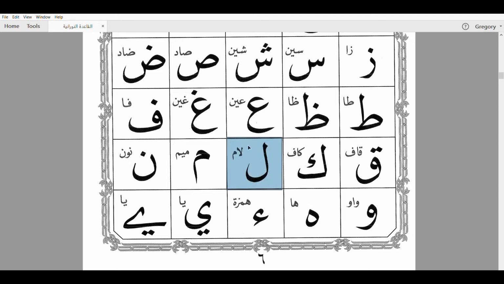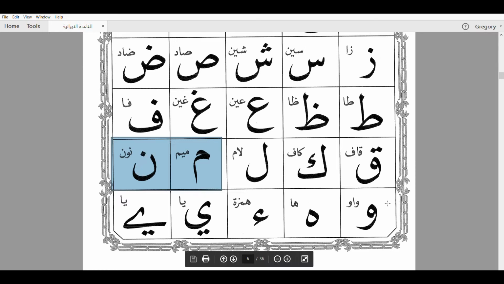This one is lam. It's just like an L in English. Then you have meem and noon. Meem is just like an M, and noon is just like an N. Noon looks like an upside down N with a dot.